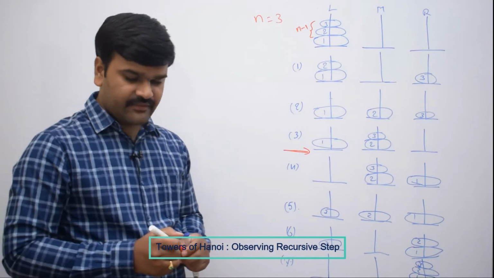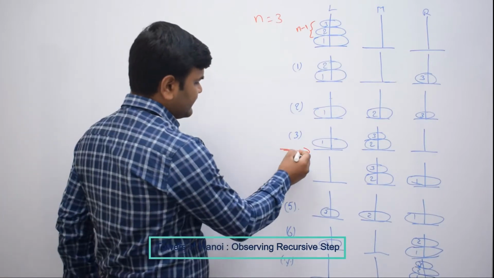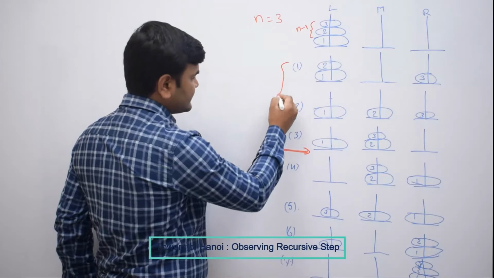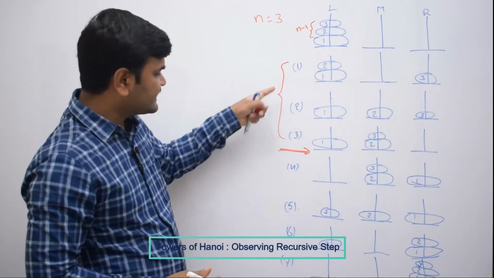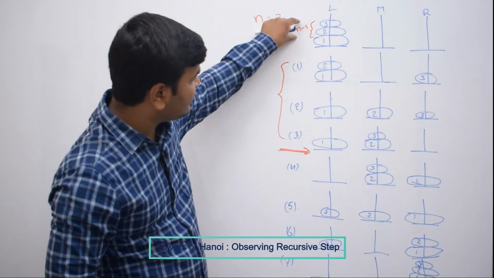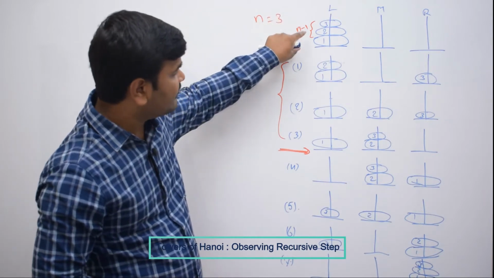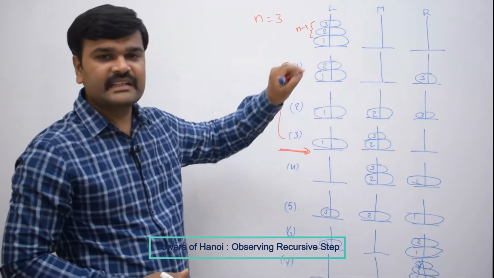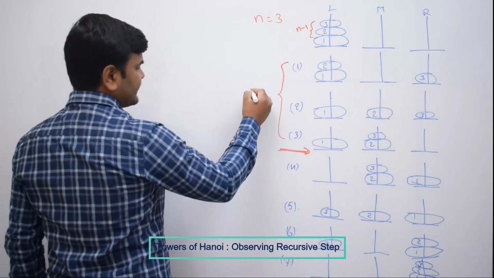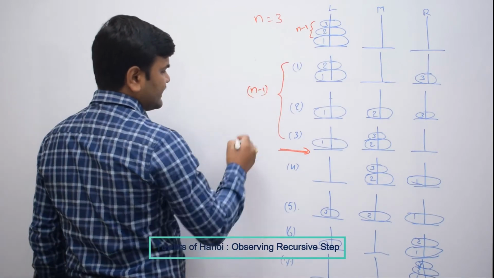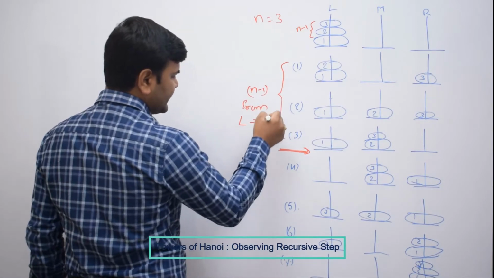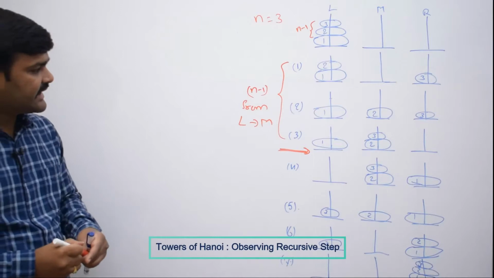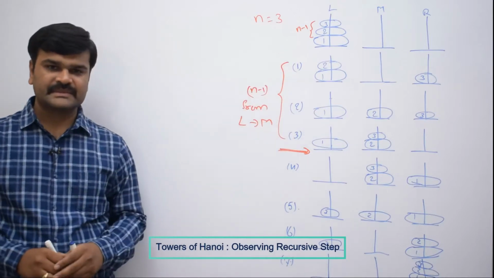So what is the step here? These first 3 steps, what are they saying? These first 3 steps are related to shifting the n-1 disks from the left tower to the middle tower. So shifting n-1 disks from left to middle tower, that is what happened in the first 3 steps.